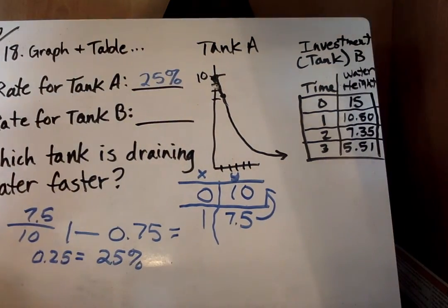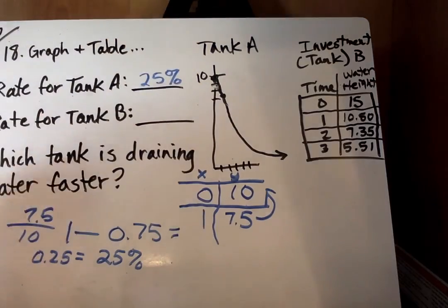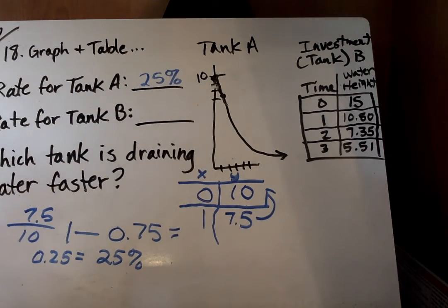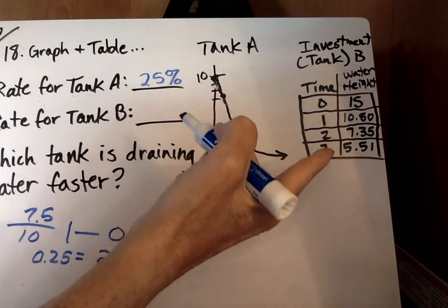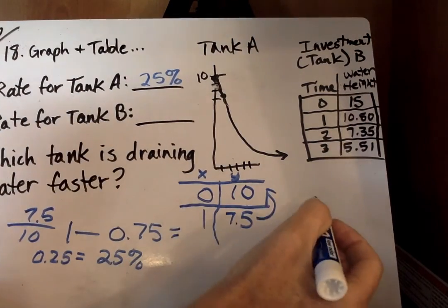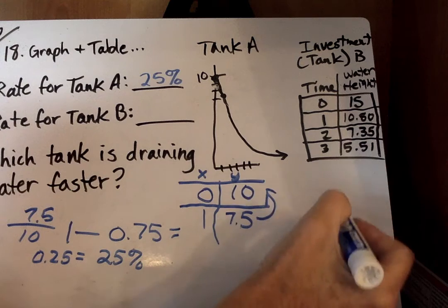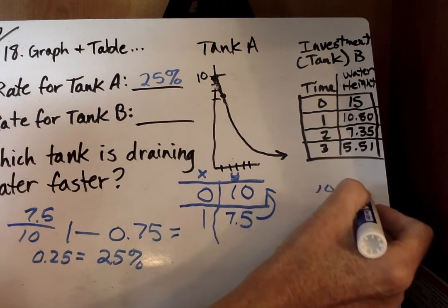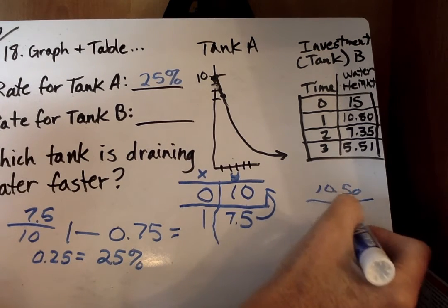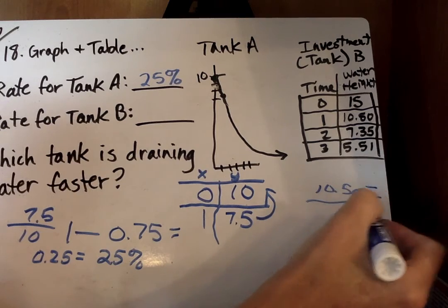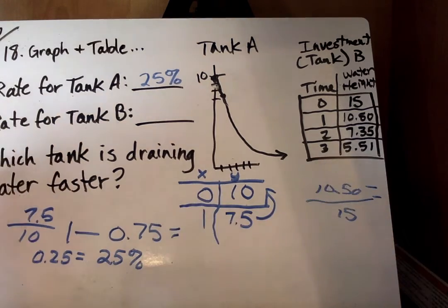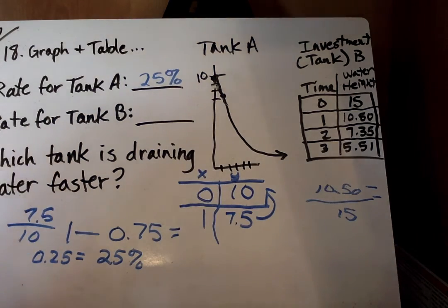Now we look over here at tank B. It says investment B, it should be tank B. And we see 15 to 10.5 to 7.35. We're just going to take 10.5 and we're going to divide that by 15.